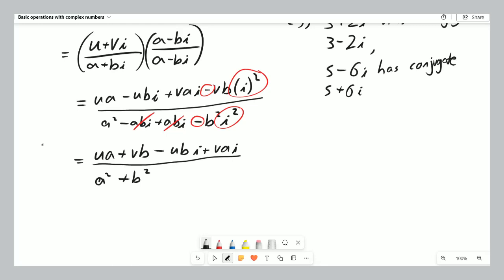And we won't get into that because that has to do with graphing complex numbers, and that'll be the subject of a different video. So we can simplify this, and we have ua plus vb, and then plus the imaginary component, va minus ub i, whatever ends up on top, divided by a squared plus b squared, which is just the sum of the squared real and imaginary components of the denominator.